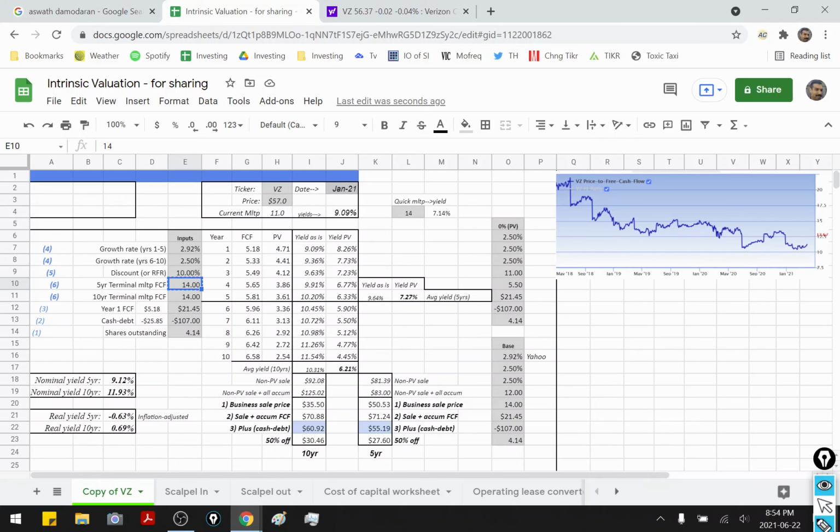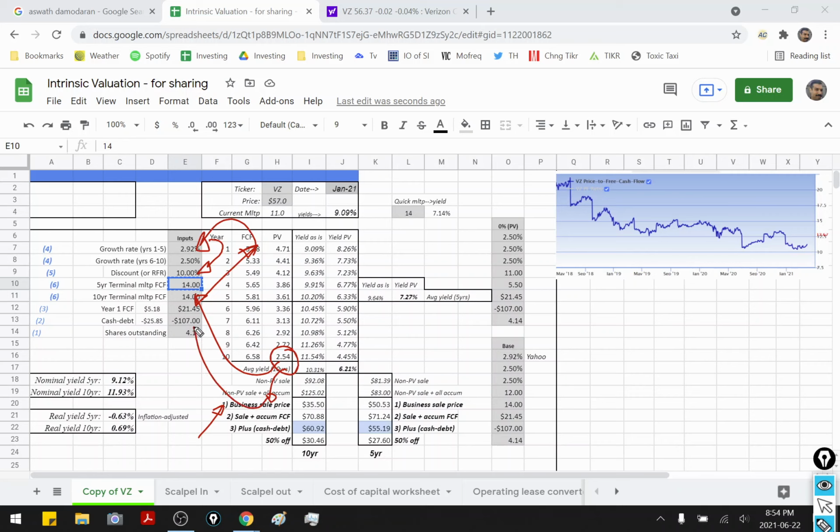And what this sheet will do then is take those free cash flows, grow them at this rate, discount them at this rate, meaning reduce them, and then at the end, it will give you a business sale price where you basically take the present value of that free cash flow and multiply that by that number. That's how you get here.